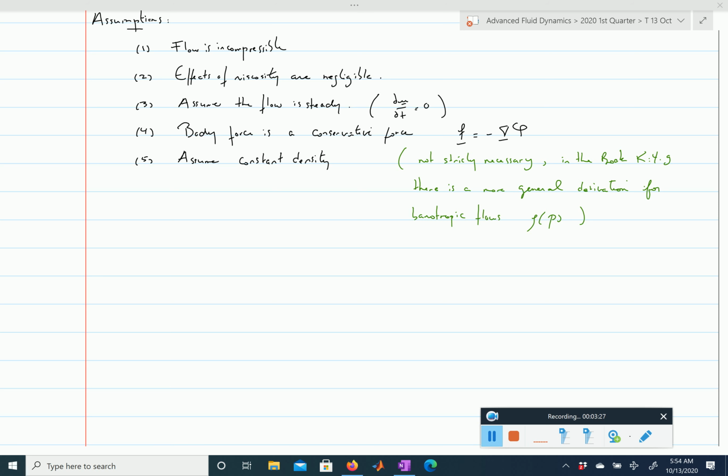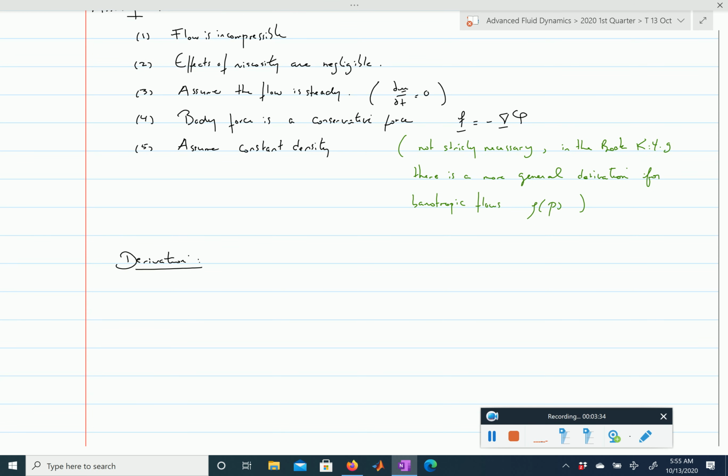Okay, so let's derive the Bernoulli equation, and for this we start from the momentum equation. If we assume that the flow is steady, then the momentum equation is the following. And so here we can use a mathematical formula which is going to help us to project the momentum equation along a streamline.